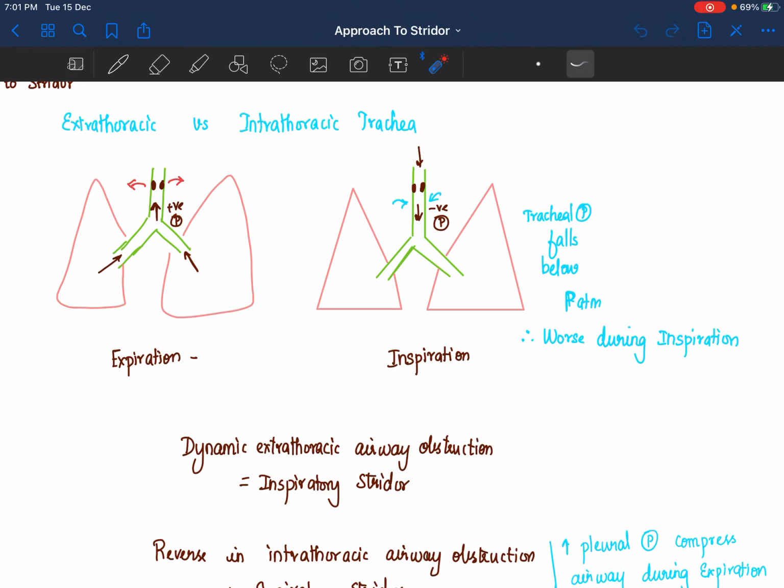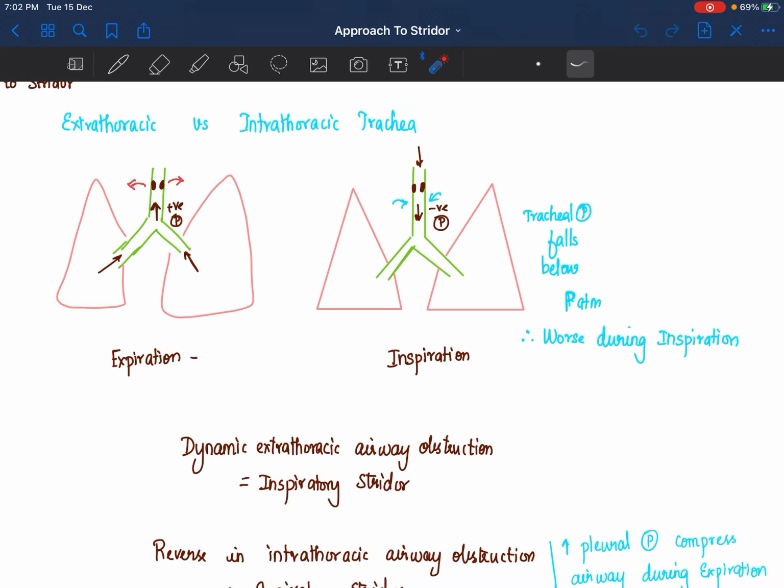So during expiration, when the child is exhaling out, there is going to be positive pressure. This positive pressure is enough to open up the airway. In other words, this is a dynamic extrathoracic airway obstruction. So if the obstruction is dynamic in the extrathoracic airway, it's going to be a stridor during inspiration alone.